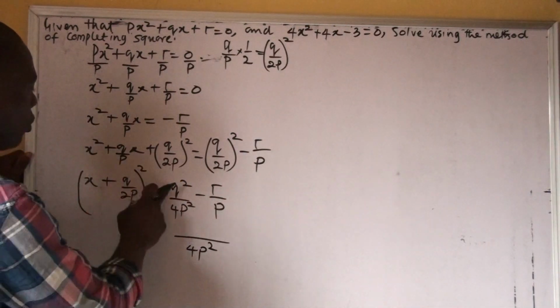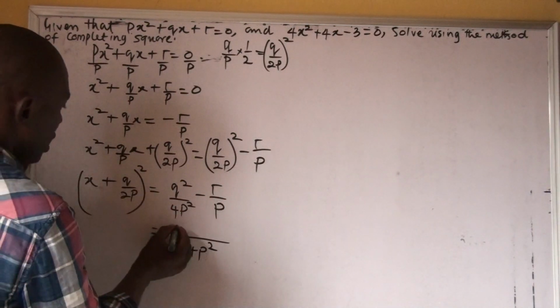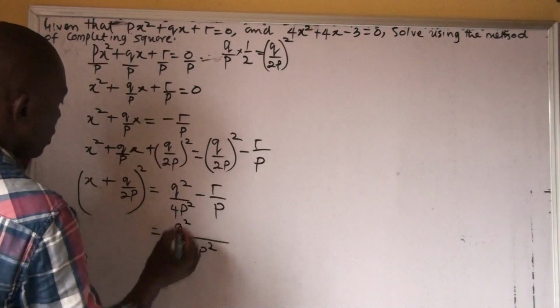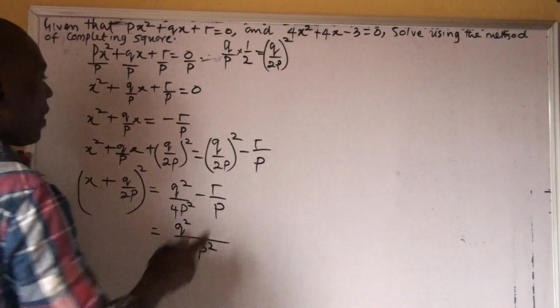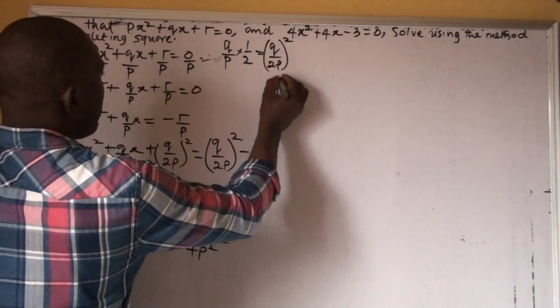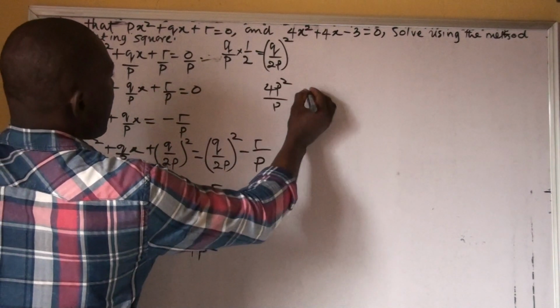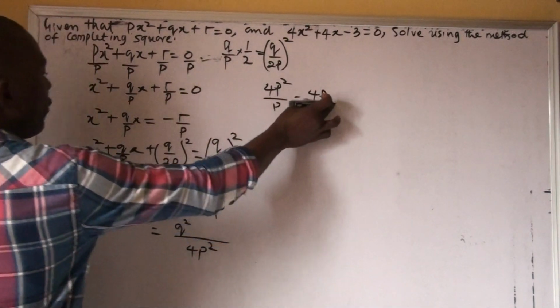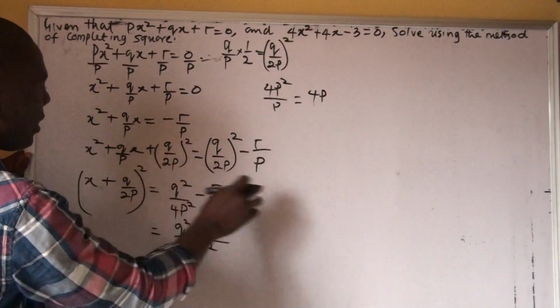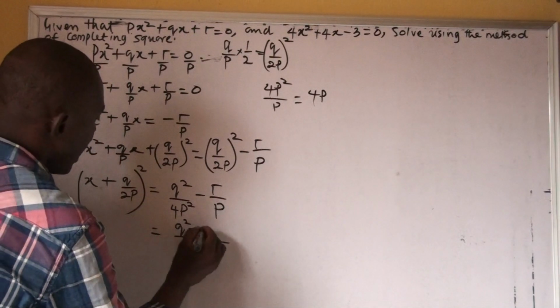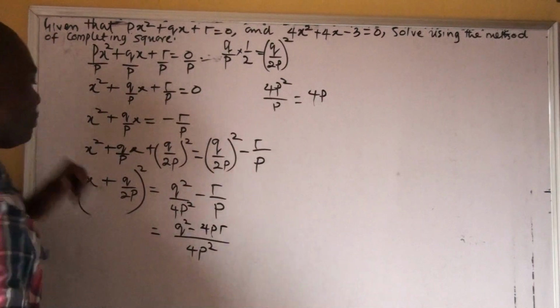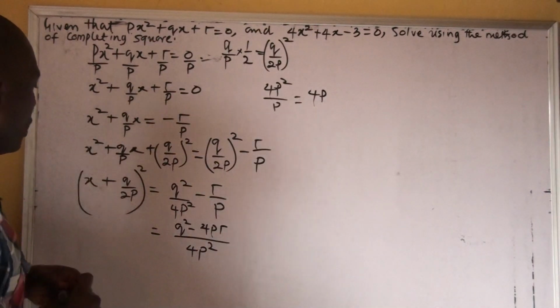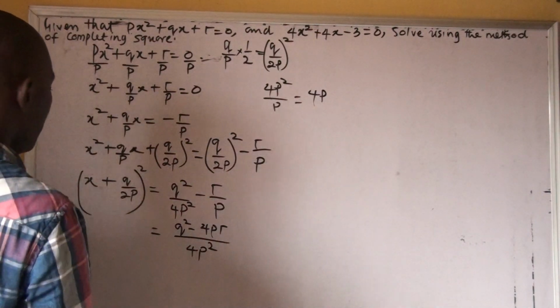We use the 1 to multiply the numerator, which is q squared, so q squared times 1 gives us q squared. Now 4p squared divided by p gives 4p. This 4p, we use it to multiply minus r, which gives us minus 4pr. Okay, so here we have done the needful.